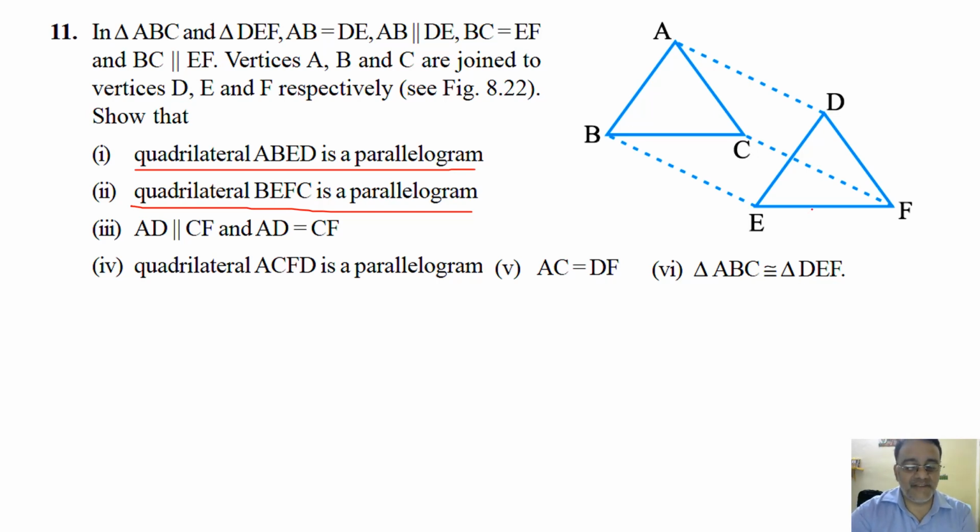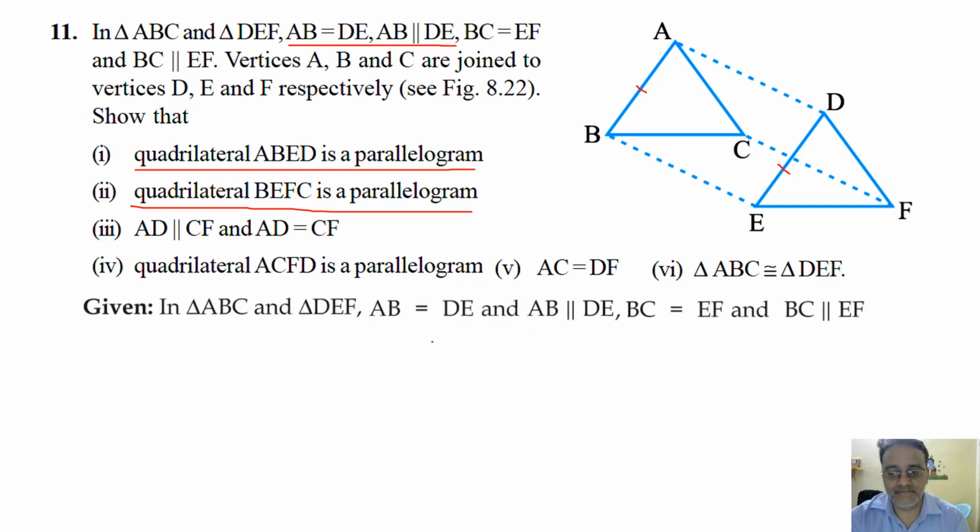So let us start with the first one. In triangle ABC and triangle DEF, AB is equal to DE, and AB is parallel to DE also. In this quadrilateral, AB is equal to DE and AB is parallel to DE. This is given.